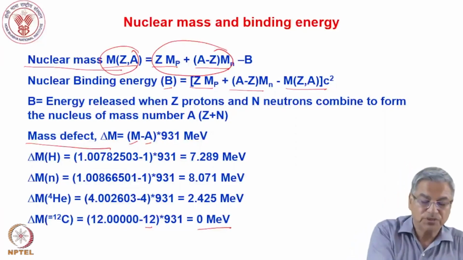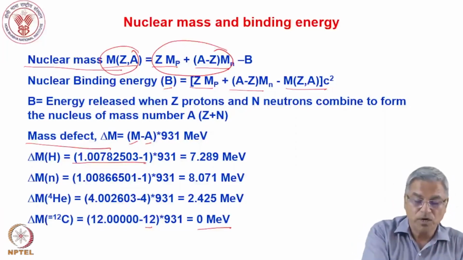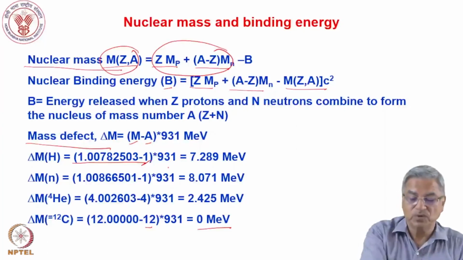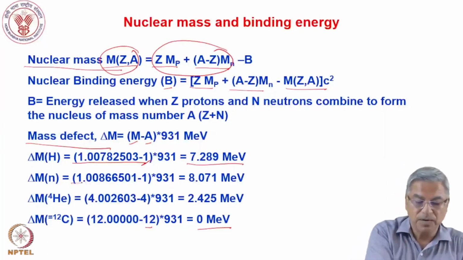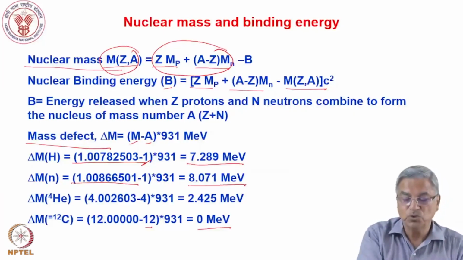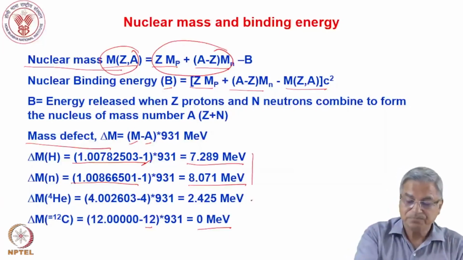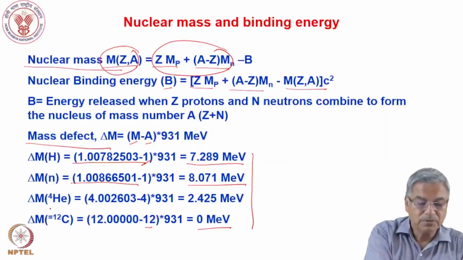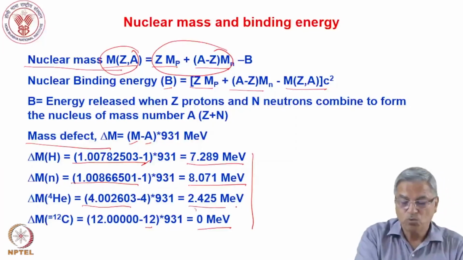So for protons, the mass in atomic mass units, minus 1, is the mass number, times 931 gives 7.289 MeV. For neutrons, the mass in atomic mass units minus 1, times 931, gives 8.07 MeV. In fact, the nuclear mass table contains this data. For the helium nucleus, 4.002603 minus 4, times 931, gives 2.425 MeV.